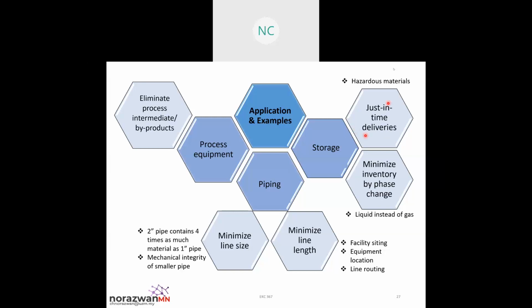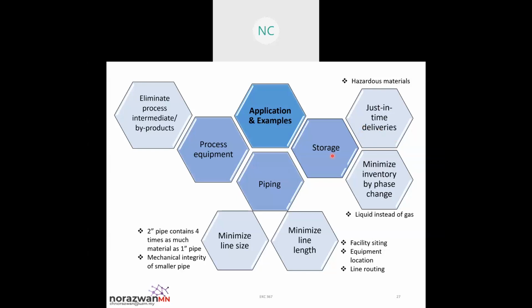So for storage, when you apply minimization, maybe you no longer need your storage. Maybe you only use just-in-time deliveries, meaning that once your raw material comes from your supplier, you directly use it for your process. That's what we call just-in-time deliveries. The material comes to your plant, then you take it and directly use it.